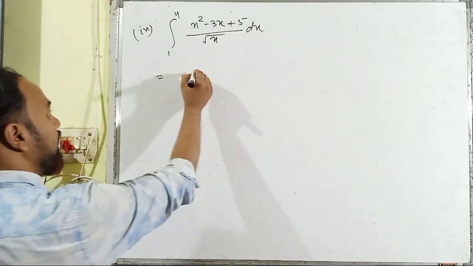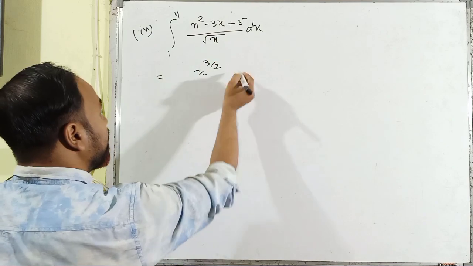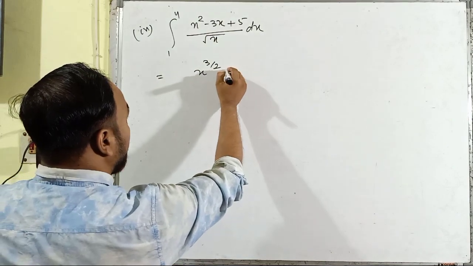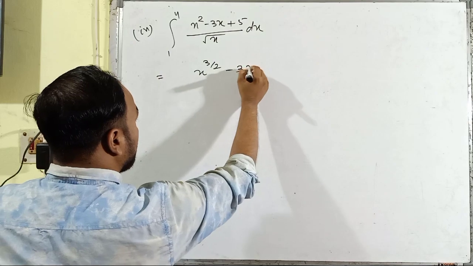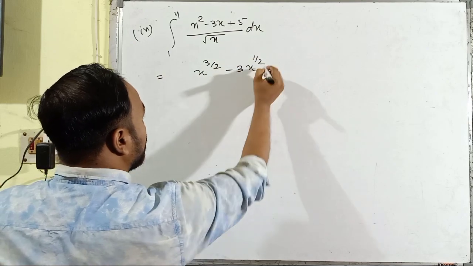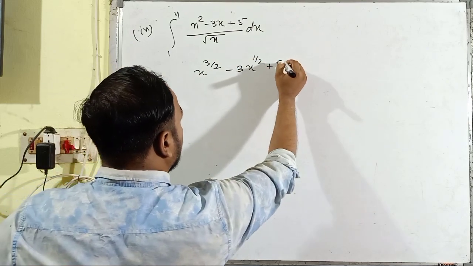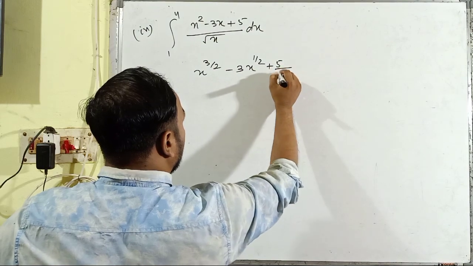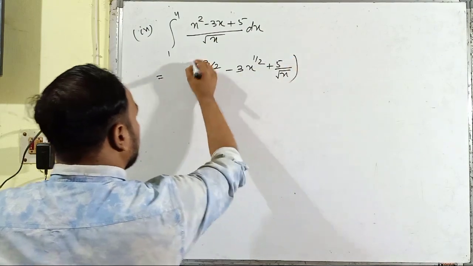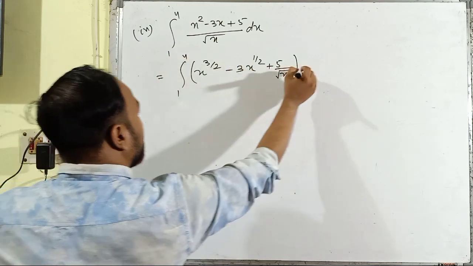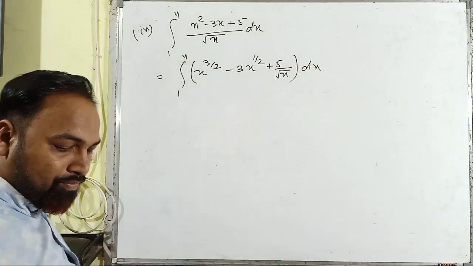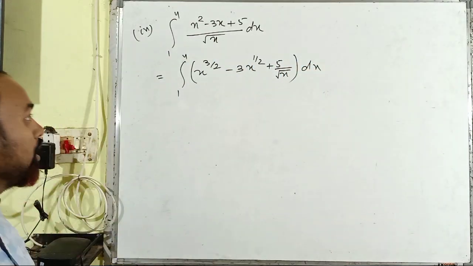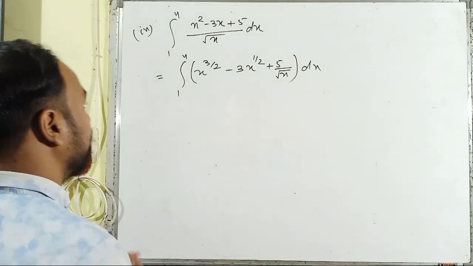So it will be x to the power 3 by 2, minus 3 multiplied with x to the power 1 by 2, plus 5 divided by square root of x, and its integral with respect to x from the lower limit 1 to the upper limit 4.